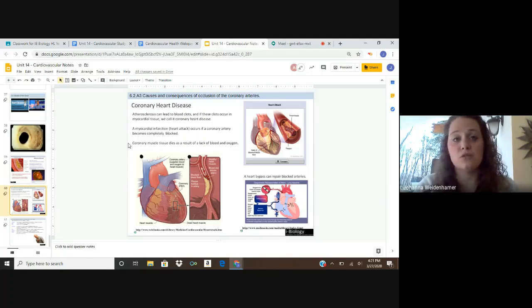If our muscle or tissues don't get that oxygenated blood, it's going to begin to die. And that's what happens if your coronary artery is blocked. It's not going to bring that oxygenated blood to the tissue of the heart to allow it to function properly. So I want you to take a look at the images here that show you what's going on with the blockage of an artery, what's going on with coronary heart disease, atherosclerosis, and heart attack.